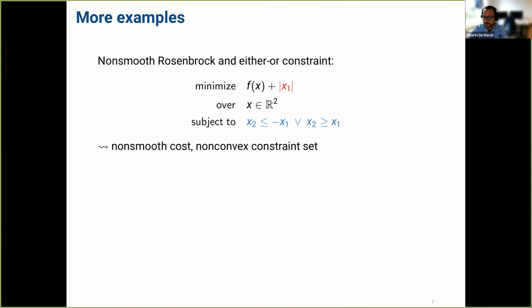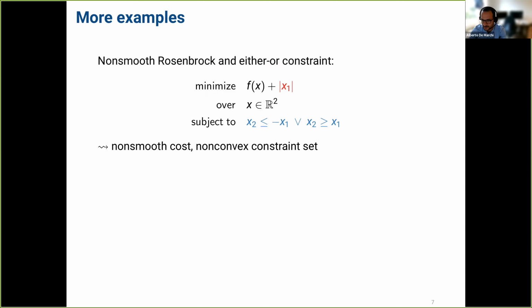Then simple examples: here we have what we will see in the end, a nonsmooth Rosenbrock function, where we have these absolute values in the objective, and then in the constraint we have or constraints. So either of these two constraints must be satisfied.